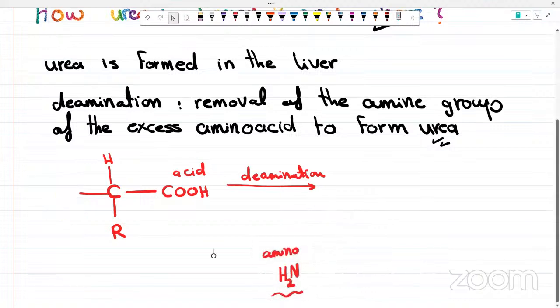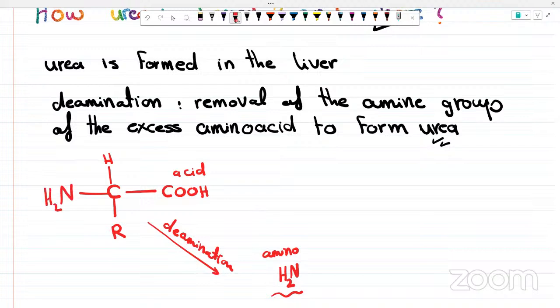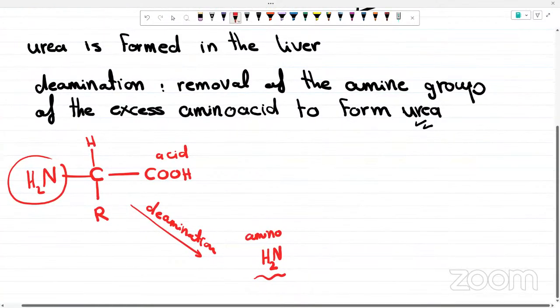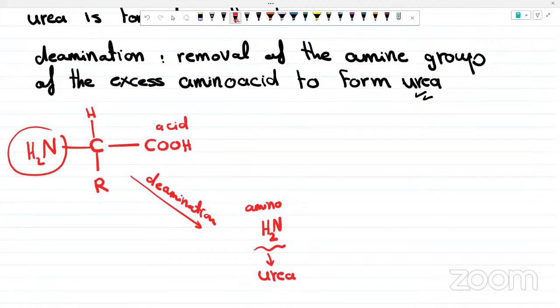So this is the meaning of the word deamination, right? This is exactly what happened now. Deamination, removal of the amine group, right? This group is removed. So this will be changed to ammonia and end up to be urea.